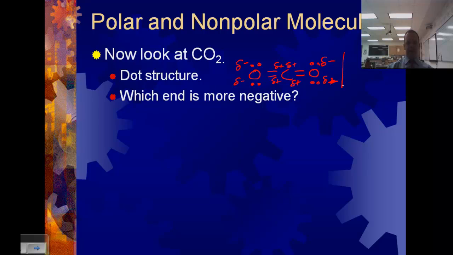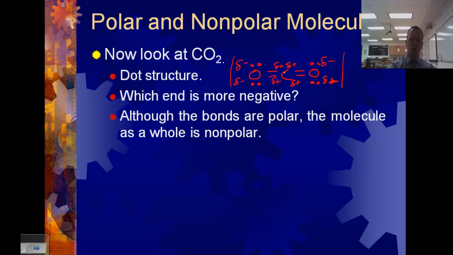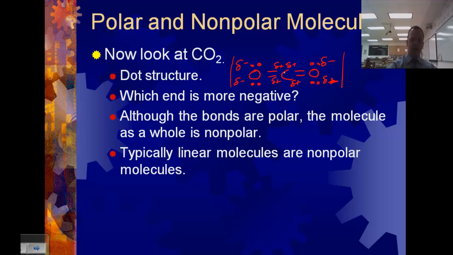If you look at this, you have a negative side with a positive center. In this case, we have polar bonds, but the molecule is non-polar. Typically, if we have a linear molecule with more than two atoms, they're generally going to be non-polar.